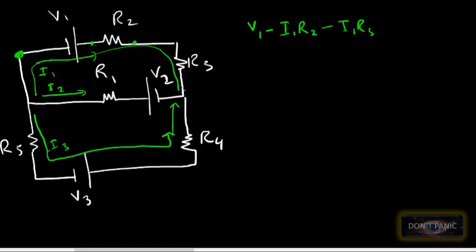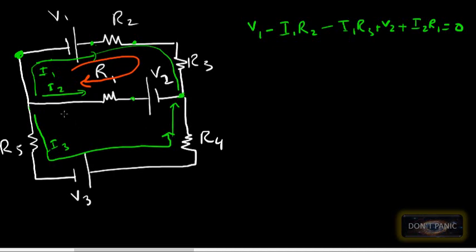So minus I1 R3, and then we continue on across V2, so we gain another V2, and then plus I2 R1 equals 0. It's plus because we're going in the direction that is opposite to I2. So we completed a loop like this.